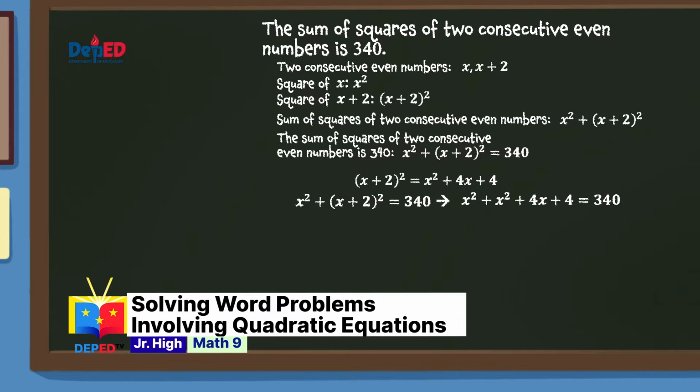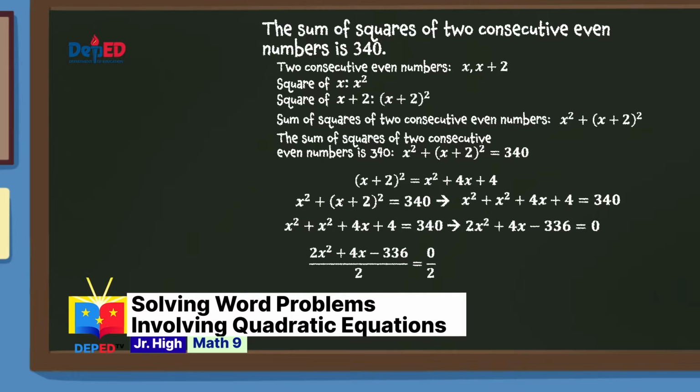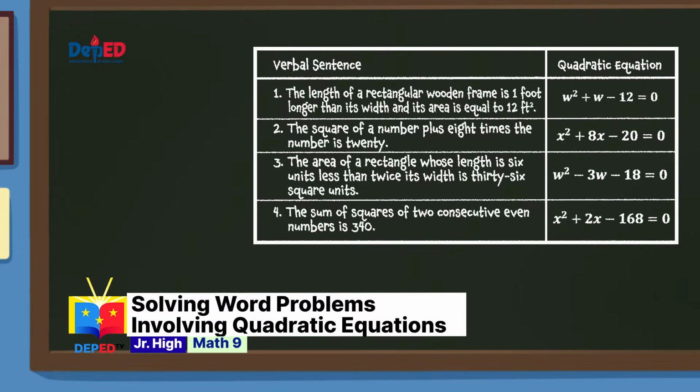In standard form, it is written as 2x squared plus 4x minus 336 equals 0. Now, you might have noticed that the coefficients 2, 4, and negative 336 are all divisible by 2. So dividing both sides of the equation by 2 will produce the equation x squared plus 2x minus 168 equals 0. We must record this in the table.